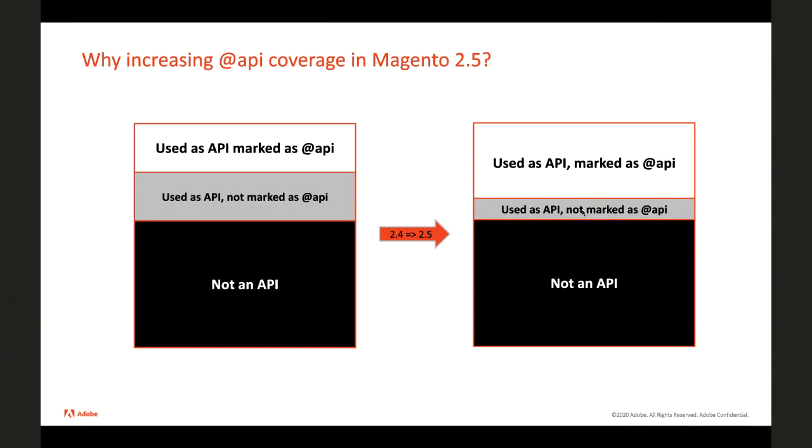We will not be able to eliminate it completely, but we will be able to reduce it significantly. That is what we are trying to achieve in scope of this initiative. To be clear, we are not introducing new interfaces or new classes in scope of this initiative. We are only marking existing interfaces and classes.